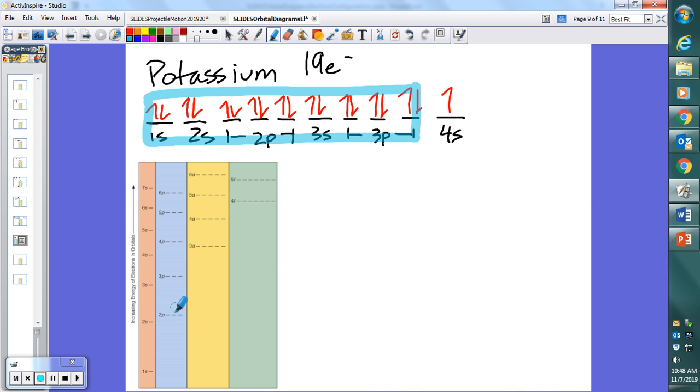Okay? And so, the first 18 electrons that we placed in these orbitals look exactly the same as the orbital diagram for which element? Argon. So we can replace these first 18 electrons by putting argon in square brackets, and then we just pick it up from there.